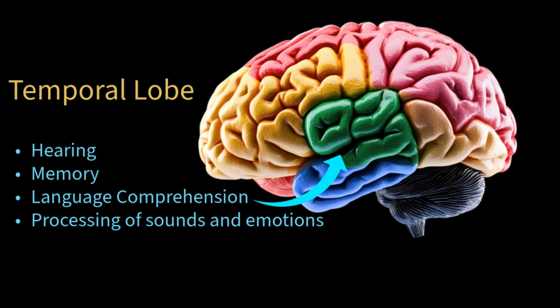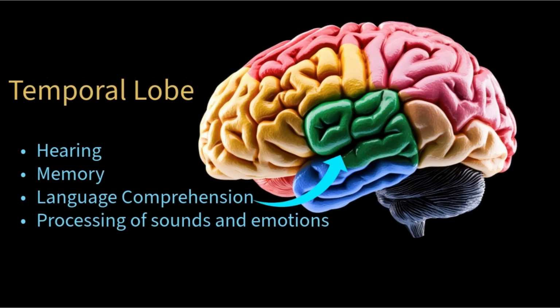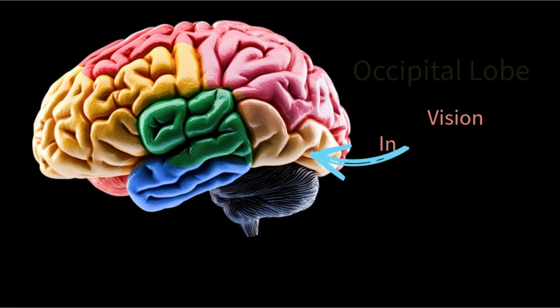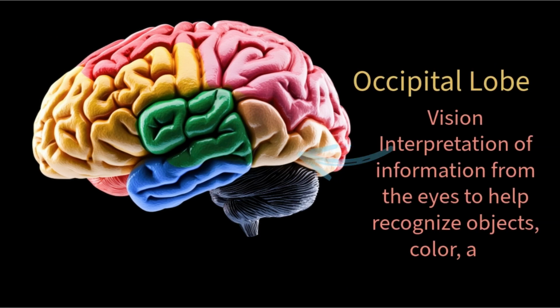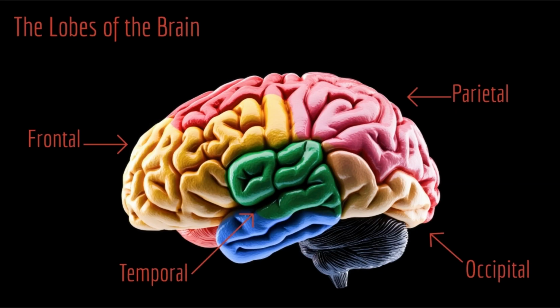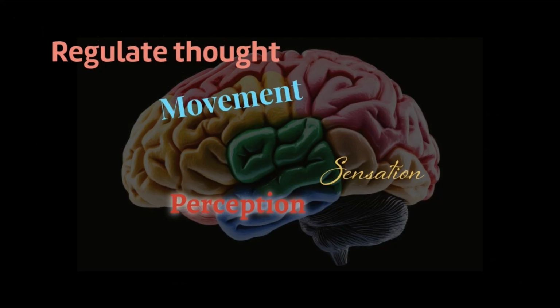The temporal lobe is essential for hearing, memory, and language comprehension, influencing how we process sounds and emotions. Lastly, the occipital lobe is primarily responsible for vision, interpreting visual information from the eyes to help recognize objects, colors, and movement. Together, these lobes work to regulate thought, movement, sensation, and perception.